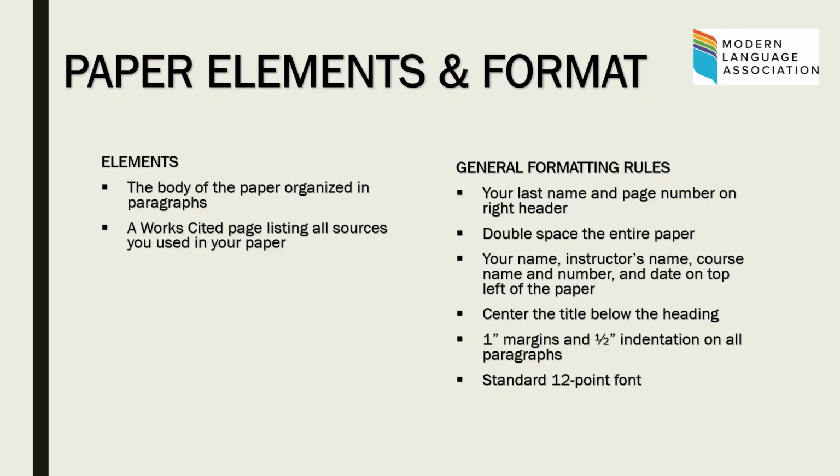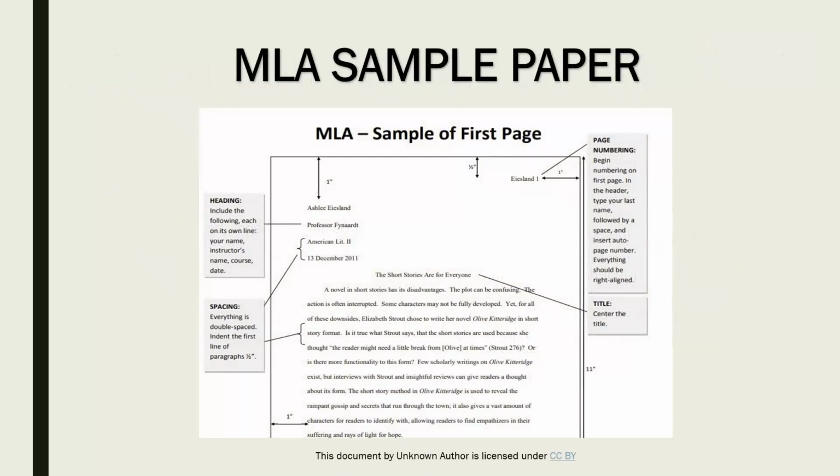Let's take a look at an MLA sample paper for better clarification of the guidelines. Note that in the upper right-hand corner, you can see the page number preceded by the author's last name. There is a space between the author's last name and the page number. The entire document is double-spaced.